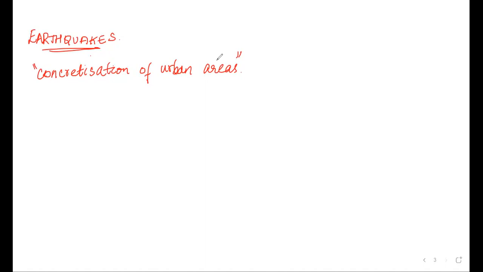They have zone 1, zone 2, zone 3, and so on. Out of it, zone 1 we are not at all bothered about because it's of least seismic activity, and from a planning and policy making perspective, we are not worried about zone 1.